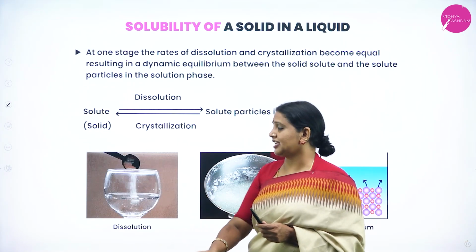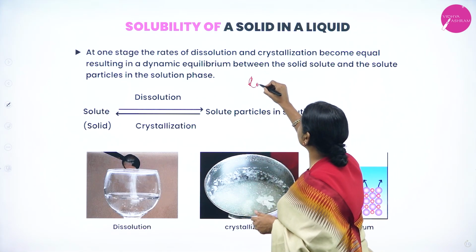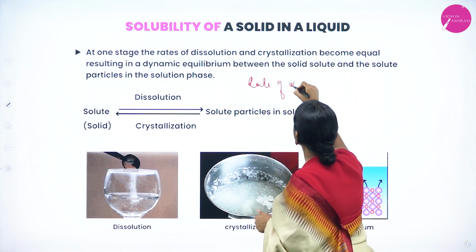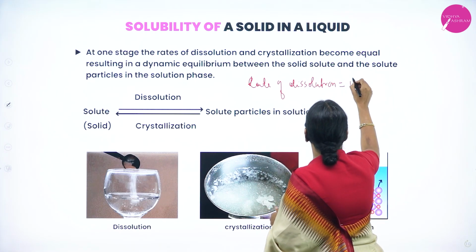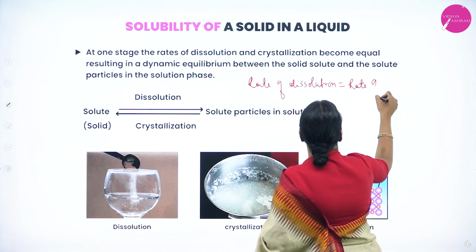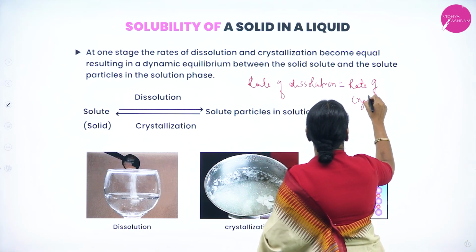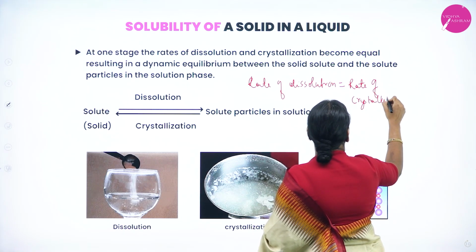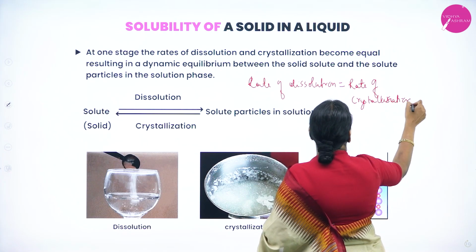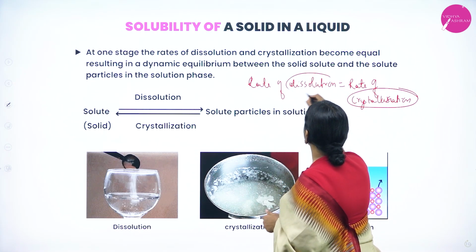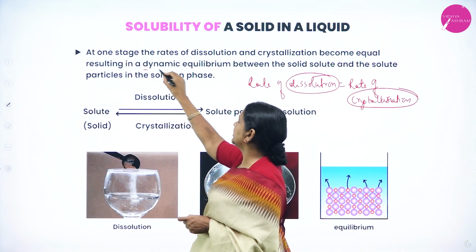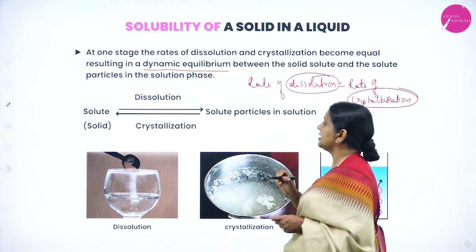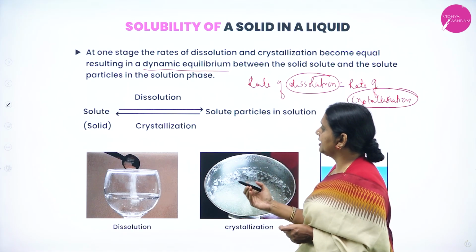So, at one stage, the rate of dissolution is equal to the rate of crystallization. That stage is called what? Dynamic equilibrium.